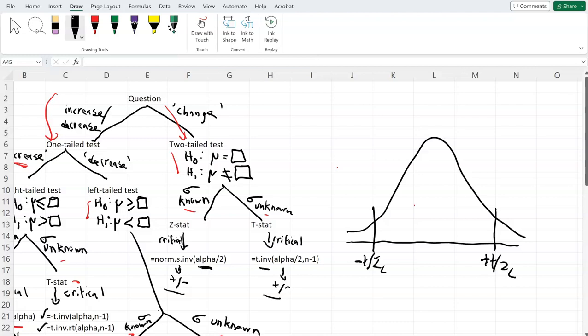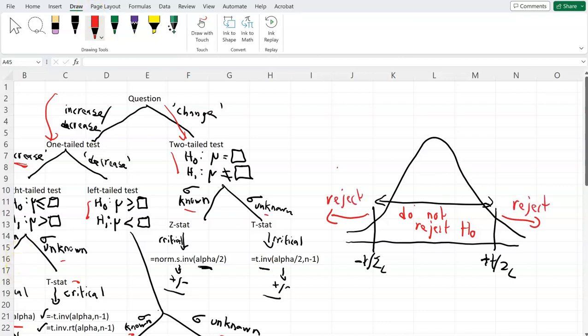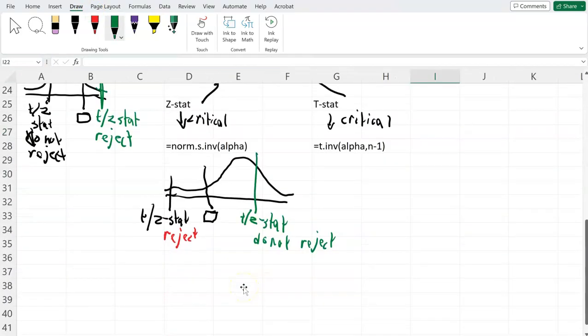It could be from this formula or this formula. Now, if my z-stat falls anywhere here, we do not reject our null hypothesis. But if it falls anywhere here or here, then we reject. And then finally, we write our analysis.